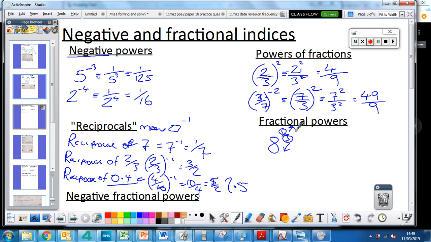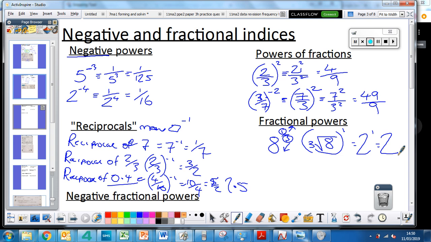So the 3 comes down, becomes the cube root of 8. The power goes up. So we're talking about the cube root of 8 to the power 1. Now we know the cube root of 8 is 2 because 2 cubed is 8. So it's 2 to the power 1. And we know from earlier that powers of 1, the number stays the same. So this is 2.